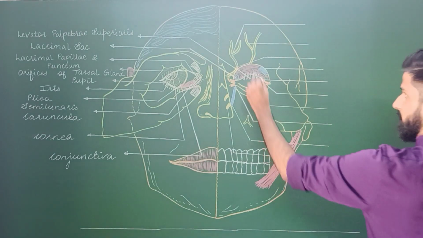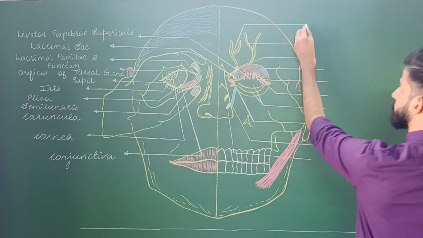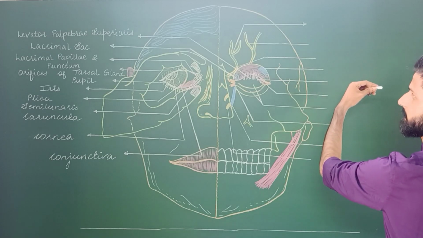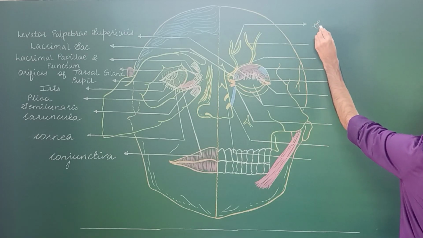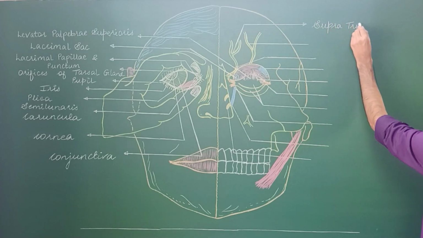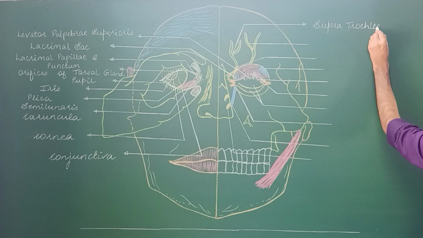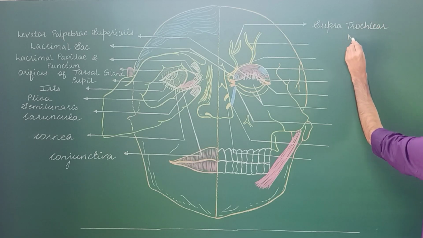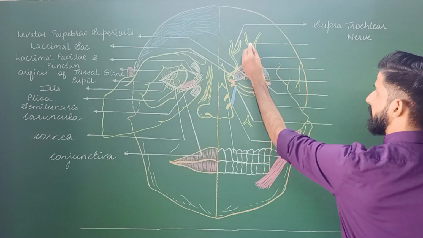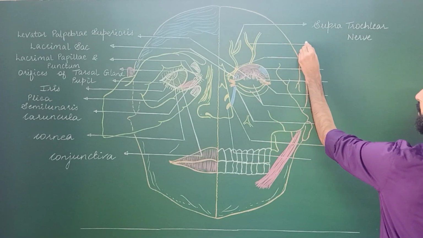Coming on to this side, this nerve is a supratrochlear nerve. Supra, why? Because it is on the upper side. Then this nerve is a supraorbital nerve.